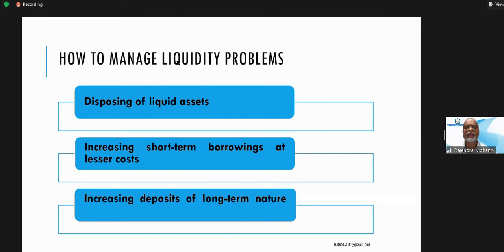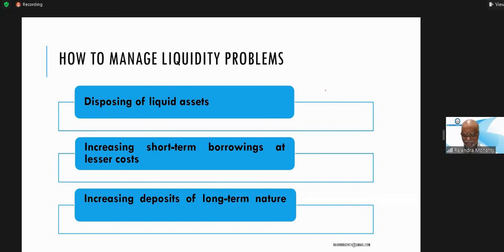Again, as I told you, when this liquidity is available, some of the big borrowers who normally want money, like large and huge borrowers like Reliance or somebody, suppose such accounts are with you. They know that this bank has no liquidity problem.